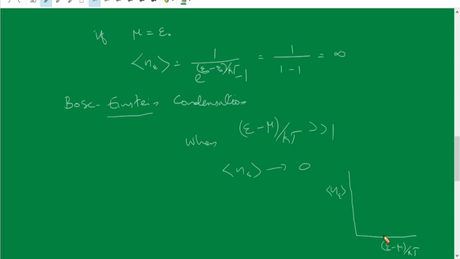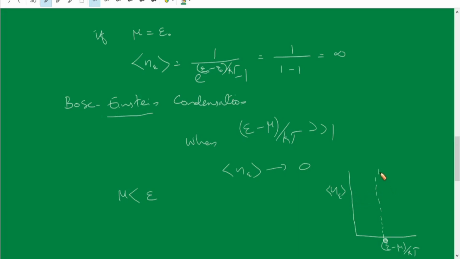This is the 0 value of e raised to minus mu by kT, so that means E equal to mu. Since mu is always less than all energies, we will not have any portion of the graph on this side. So the graph will start from here.